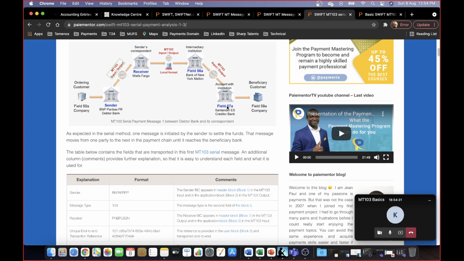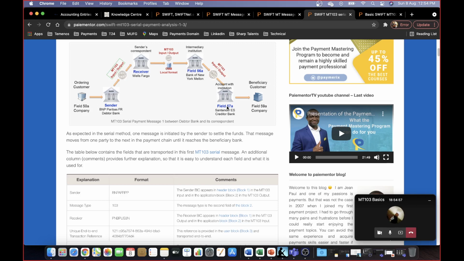Citibank will be in block 2. So suppose you are saying it's like a receiver one, right? Yes, receiver bank. Receiver BIC. So that receiver BIC will be Citibank. Yeah. And tag 56 will be BNY Mellon, and tag 57 will be.